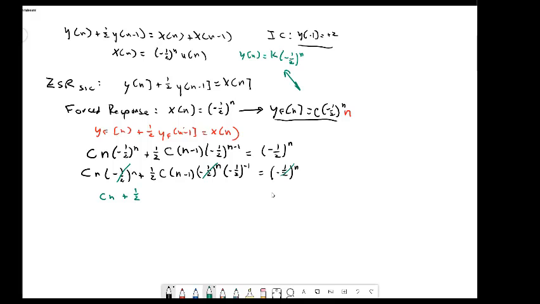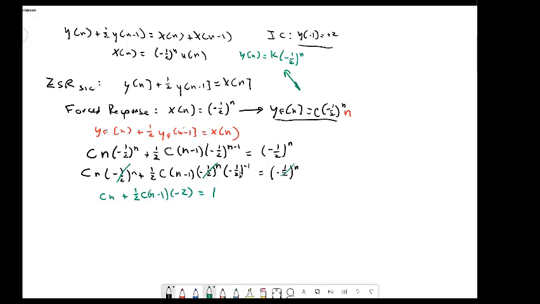plus 1/2 times c times n minus 1. And we still have this minus 1/2 to the minus 1 power, which happens to be minus 2, because with the minus 1 we flip it over.